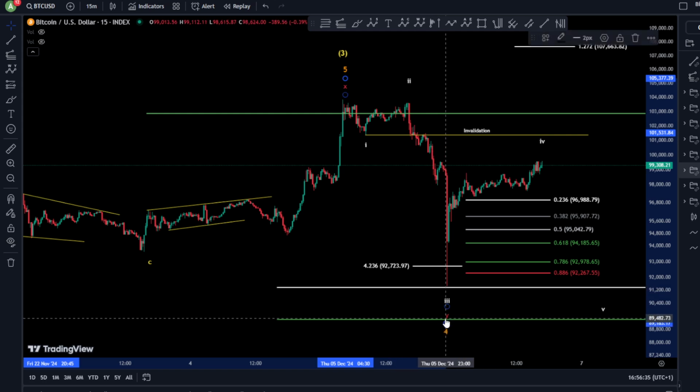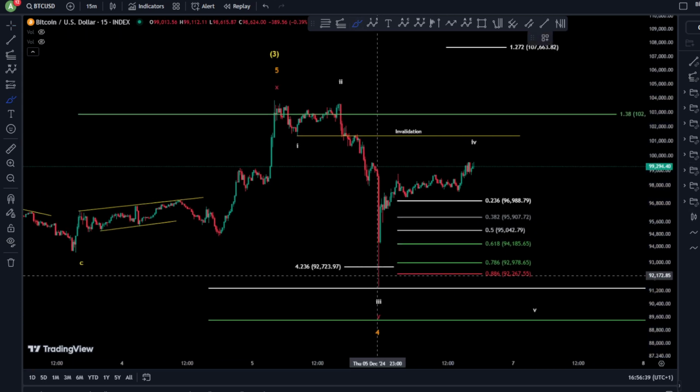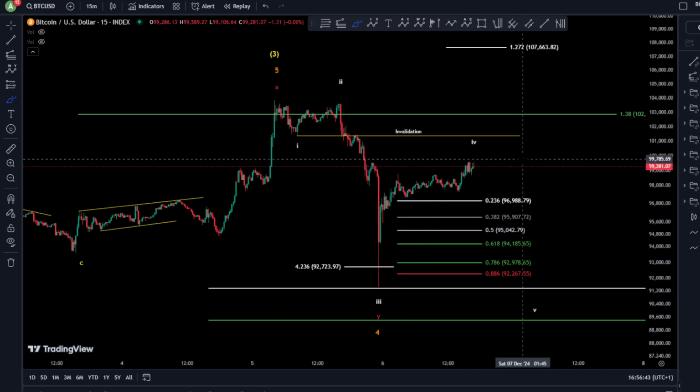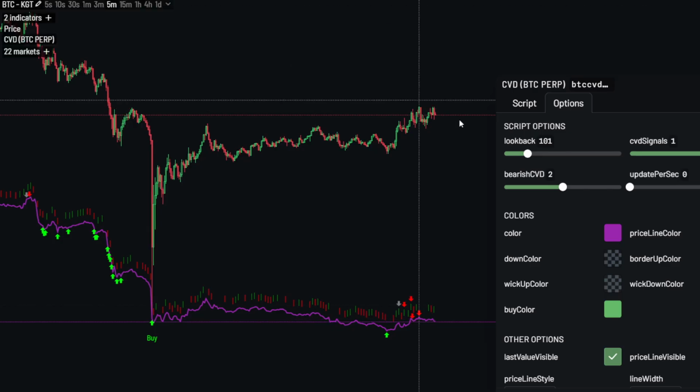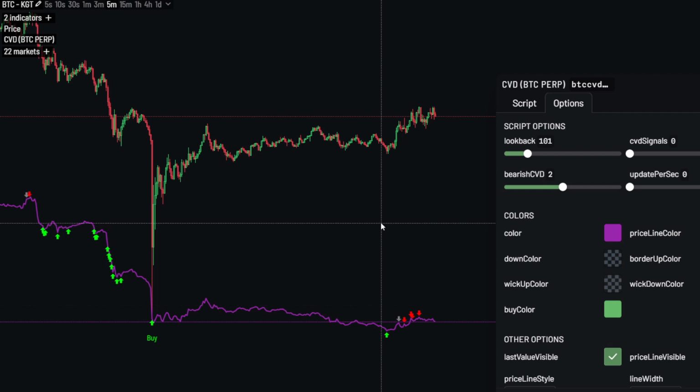If we have bottomed here, we are looking for higher probably, but the problem is that there is no clear impulse yet. And that's why this brings us into an unclear situation to move with the trade. Now, KGT comes into play, because we need an indicator to tell us what's going on.